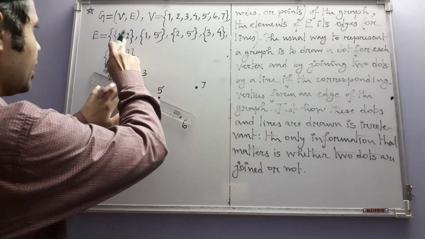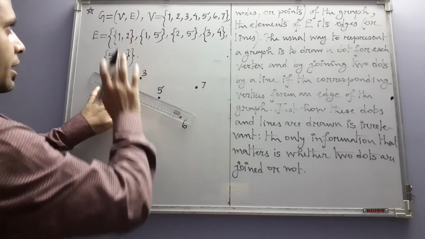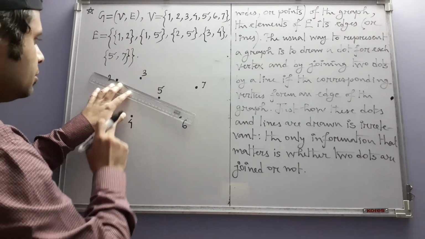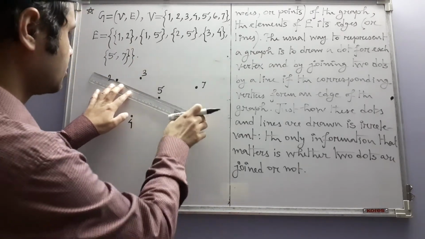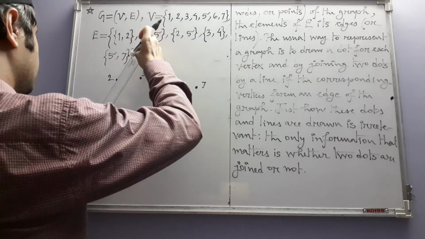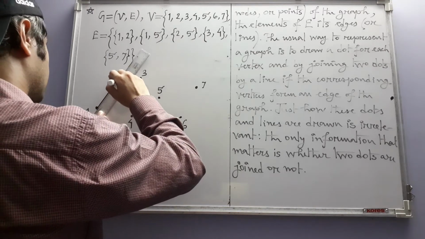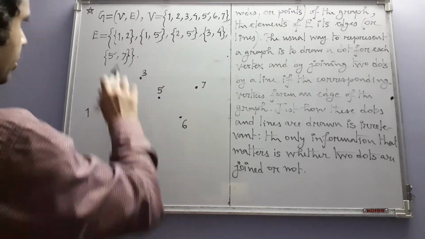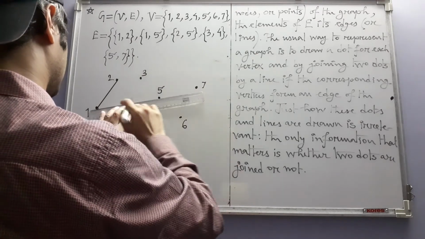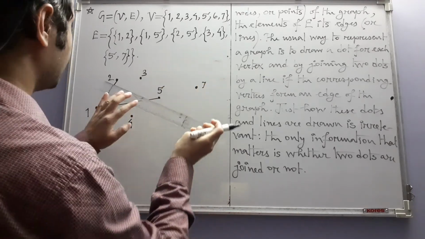Now we have to look at the edges, and if two vertices belong to one edge, then we will join the corresponding dots. So for example, 1 and 2 belong to one edge as elements, of course. So I am using a ruler to join 1 and 2. Like that, say I join 1 and 5 also with a ruler, and 2 and 5 also.